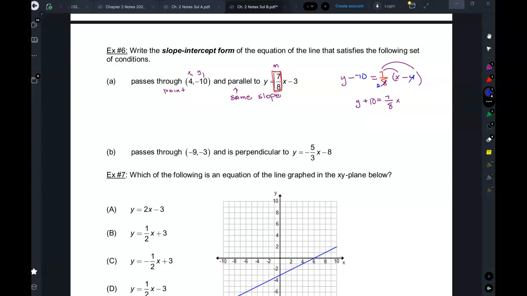So you get 2 here. Oh my gosh. So it's 7 over 2. Wait, what were we doing? 7 over 8 times negative 4. So that's negative 7 over 2. Okay. And now, minus 10, minus 10. So y is 7 over 8x.